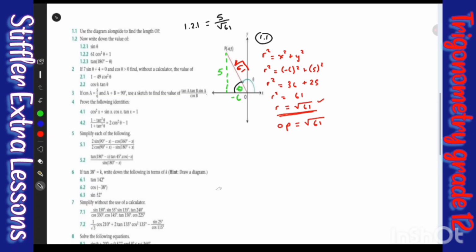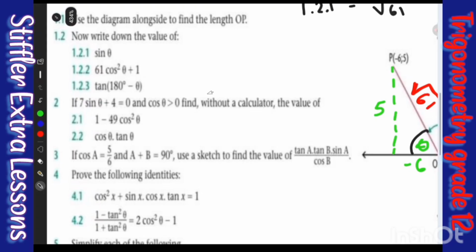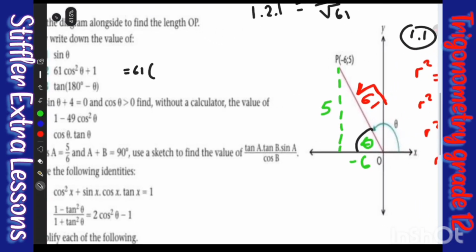They said 61 cos squared theta plus 1. So this becomes 61. And then we need the cos of theta. So cos of theta, we know that cos of theta is adjacent over hypotenuse. So let's just place it like that. So adjacent is negative 6 over our hypotenuse is root of 61, right?